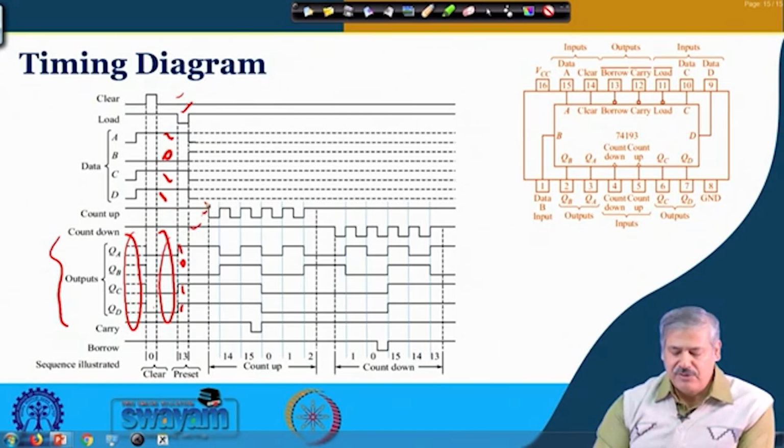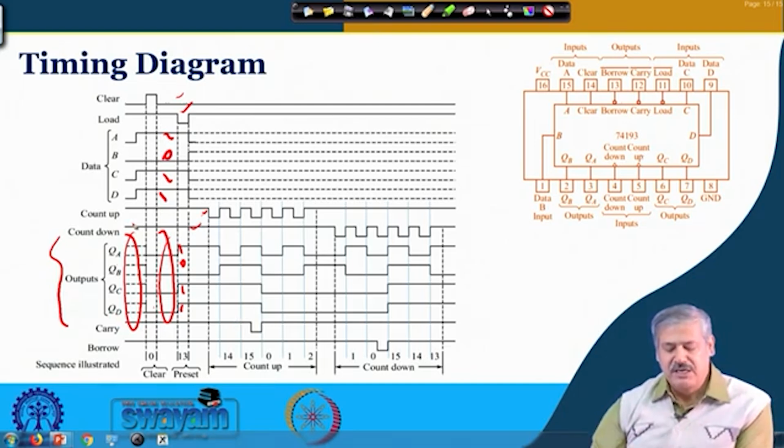What you can see at the positive edges is that QE, QD, QC, QB, QA start changing, I mean, get triggered. After 13, at the positive edge, what will happen?